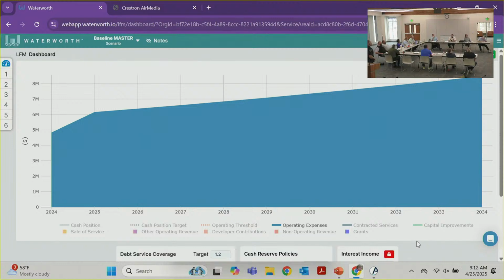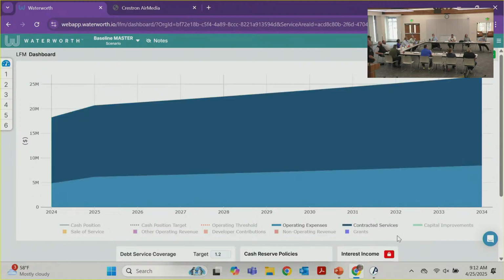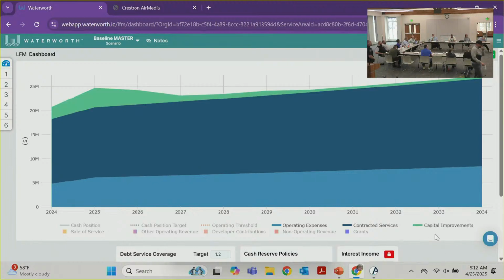Here are the operating expenses. Then you add in contracted services, which are power purchases. Here is what we have for capital. We have projected out to 2027 projects. Brian, I can speak more to that. I think you wanted capital forecasting again? Yeah.